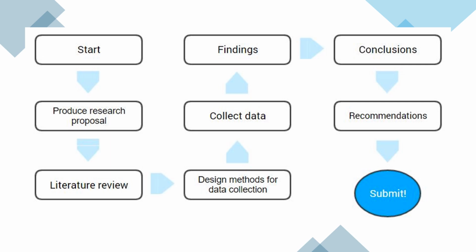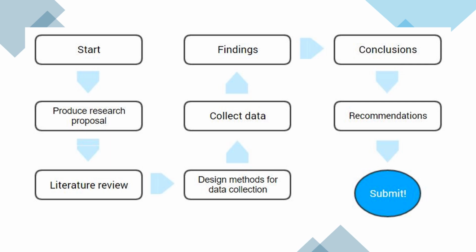Then you design the methods for data collection, deciding which method you are going to use, if it's applied research, or for example quantitative or qualitative research, and you follow the steps or objectives to collect the data. Then you start collecting the data, then you start answering the research question or finding your aims. That's called the key findings or the results.